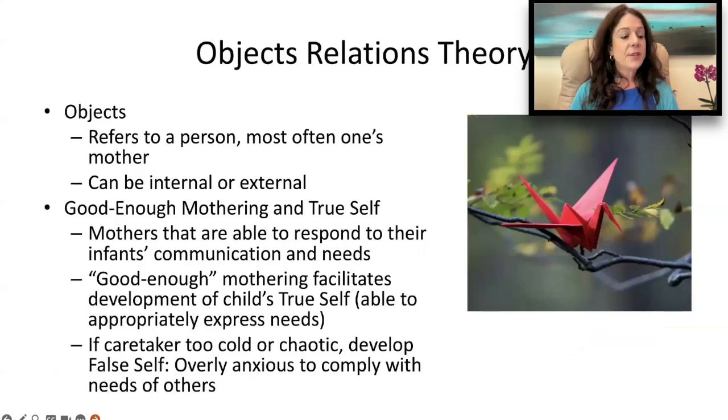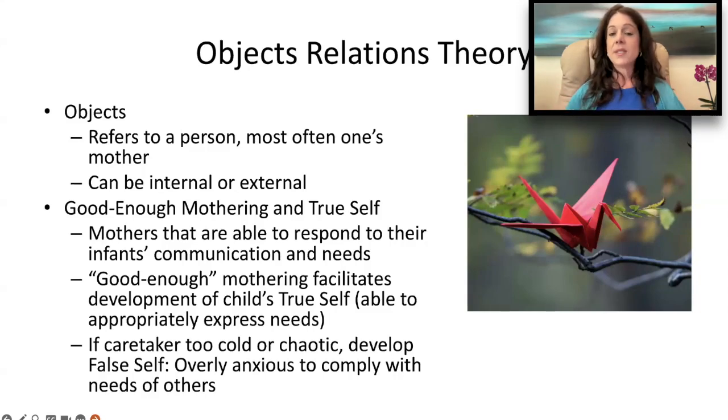So object relations theory. In this approach, objects refer to a person, most often one's mother or primary caregiver. But these objects can be internalized representations or the actual person. So it can be a representation of your mother in your inner imagined world. There are also objects in the external world. And the main concept here is having good enough mothering.